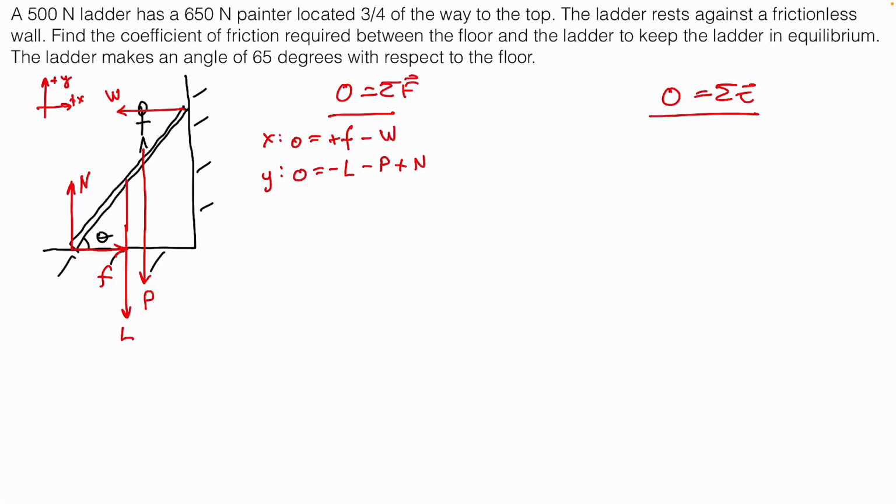Have I written down a mathematical statement where 0 is possible? F minus W, is it possible to get 0? Yeah, we got plus and minus. Negative L, negative P plus N, is it possible to get 0? So I may have missed something, but at least it's possible now, right? I haven't screwed up so badly that I've got something like F plus W equals 0. That doesn't work. Okay, so those are buttoned up for now, and we'll come back to them in a second, right?